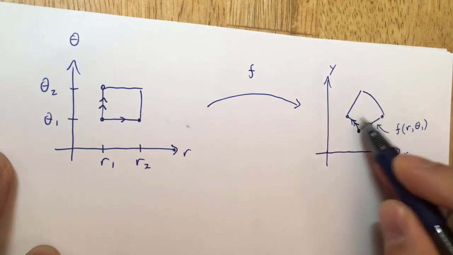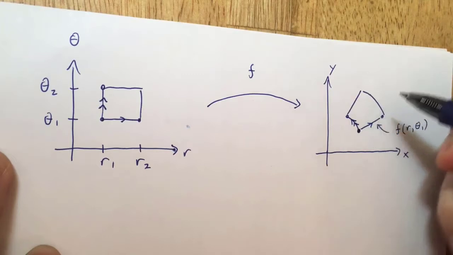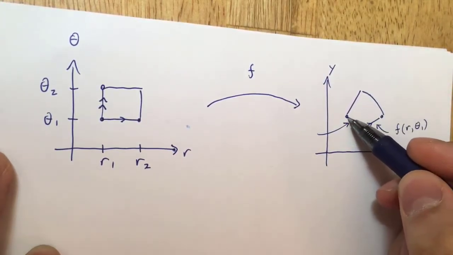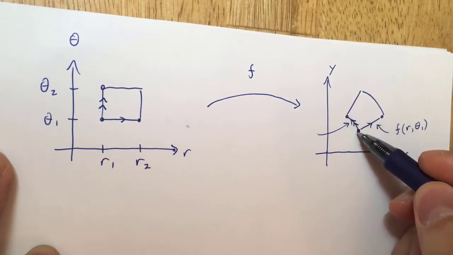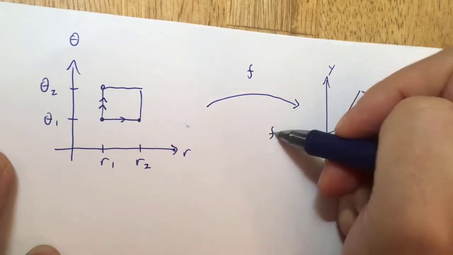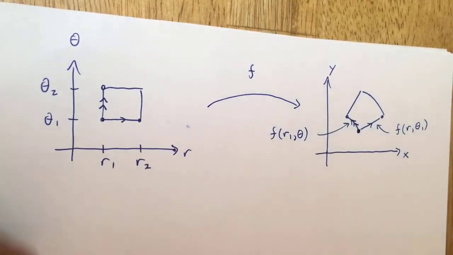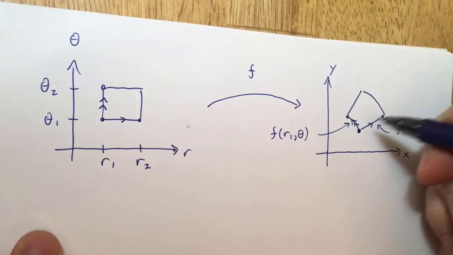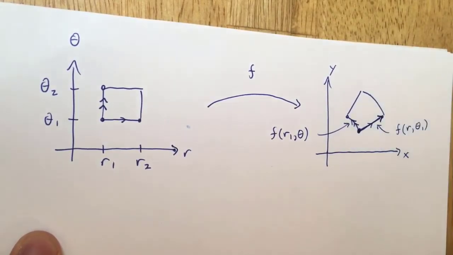It's equal to theta 1 the whole time, same angle, but the r is changing. And this curve here, the r is fixed. I'm staying on the same arc, but the theta is changing. So r is fixed at r1, but theta is a variable that's changing. So to approximate the area of this thing, I'm going to create a vector that goes from here to here, and I'm going to think about what that vector might be.